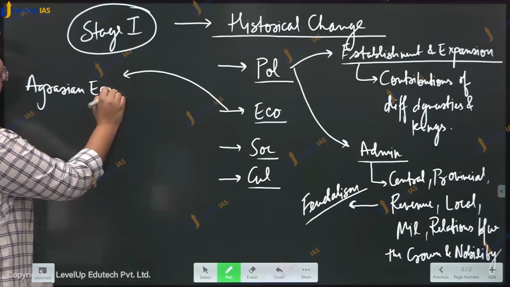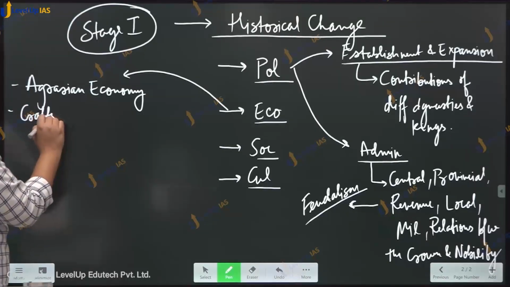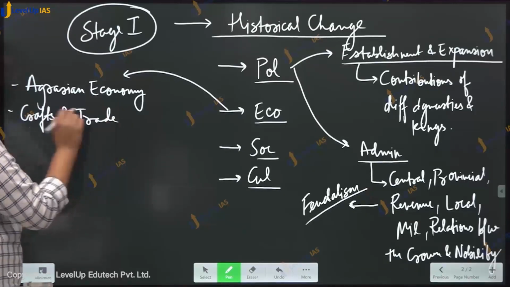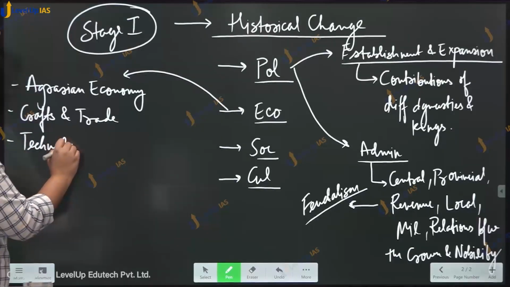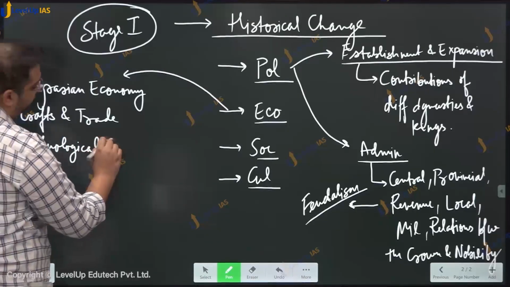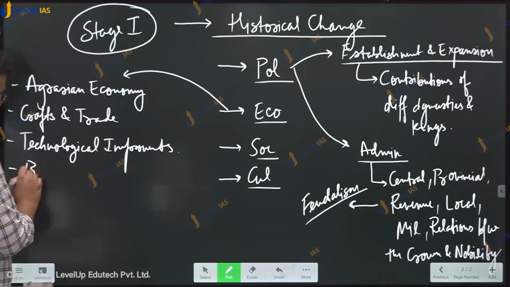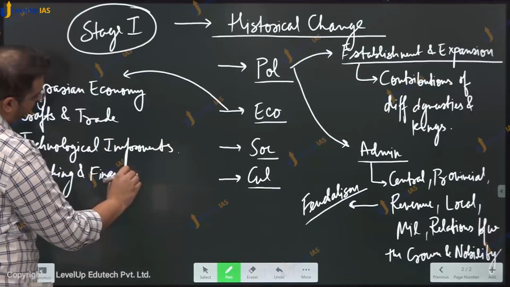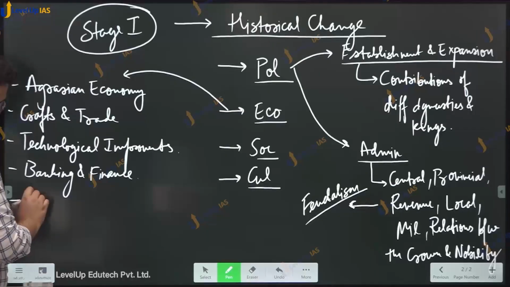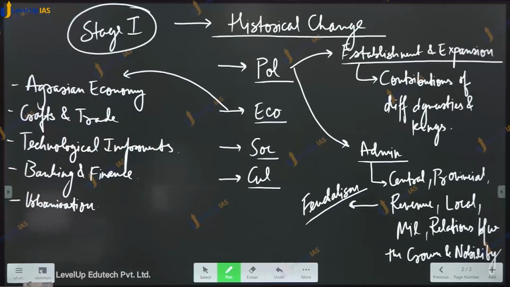Agrarian economy, further crafts and trade, further technological improvements, further banking and finance, further urbanization etc. राइट, इन चीजों के बारे में हमें बात करनी है अंडर इकोनॉमी.